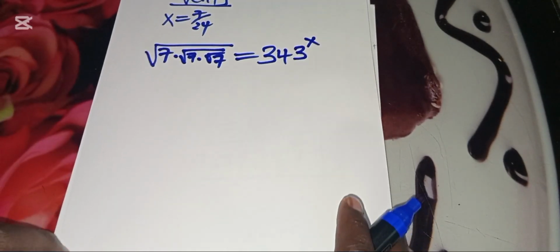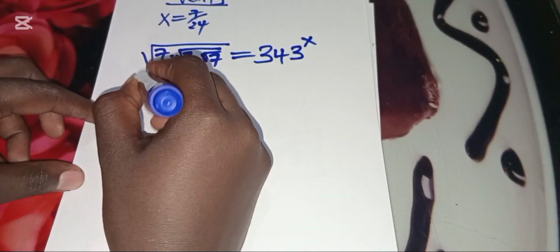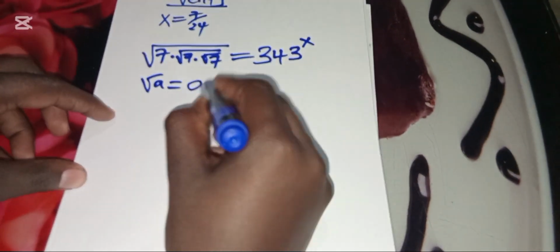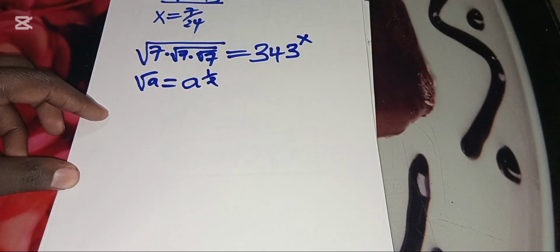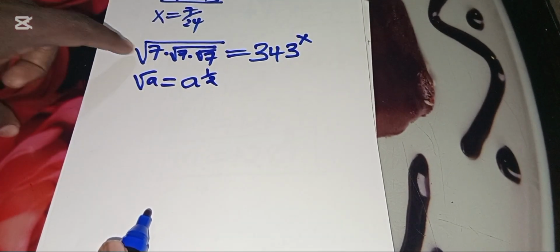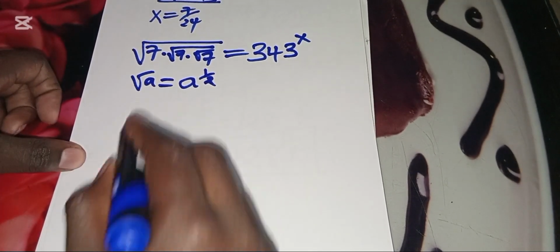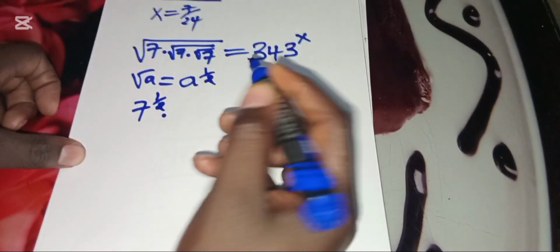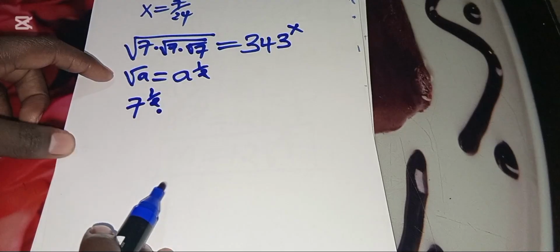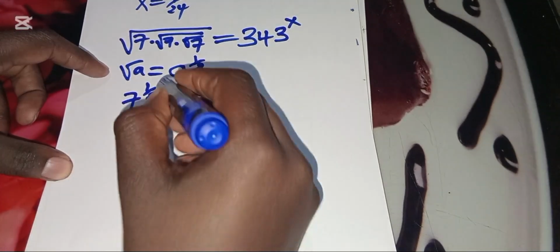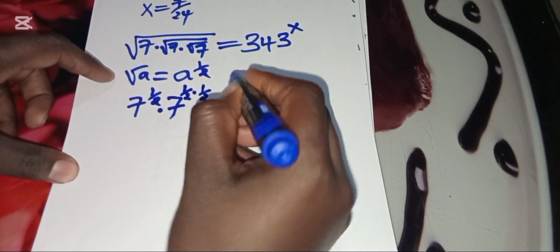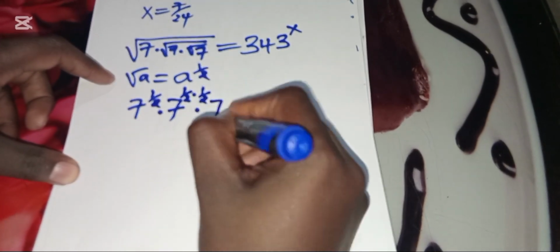Now for instance, if you have the square root of a, we can express square root of a as a raised to power half. The same case here, if you have the square root of 7, we can express it as 7 raised to power half multiplied by, now the second 7 we have double square root, so that means we have 7 raised to power half multiplying by half, then multiplying by 7.